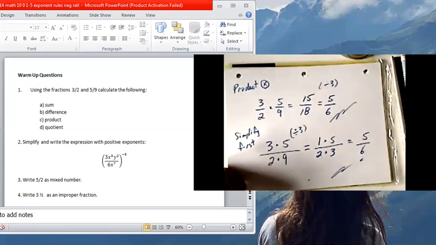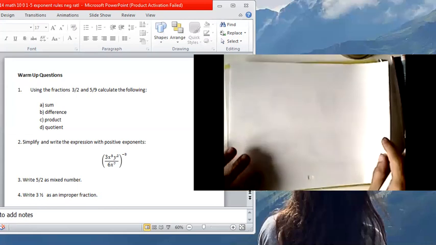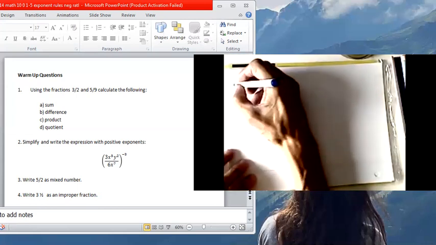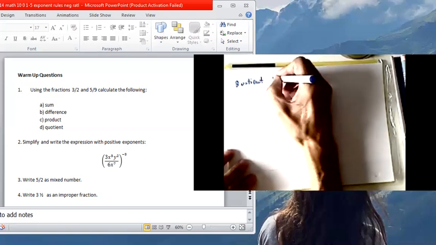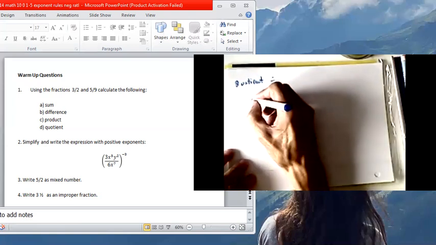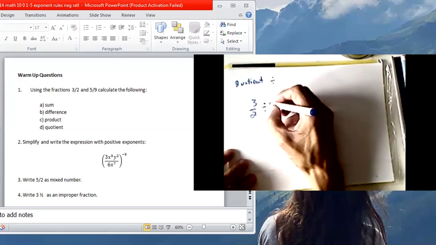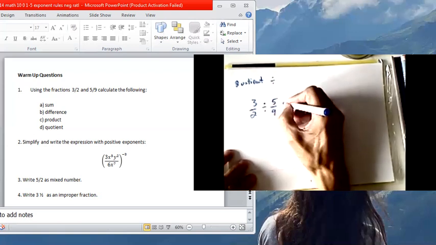All right, so that was a nice question for finding the product of fractions, multiplying. Last is dividing. Quotient is with dividing. And as I asked, was to do it in this order because it matters. 3 over 2 divided by 5 over 9.